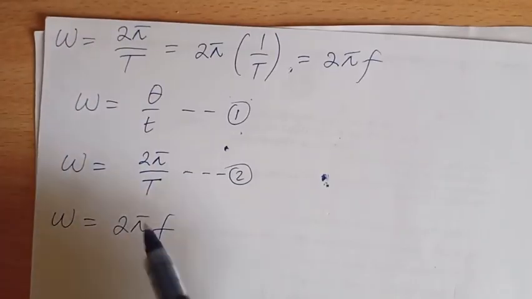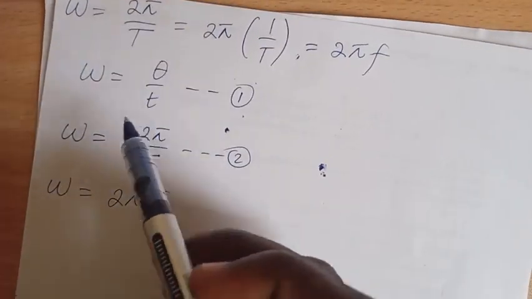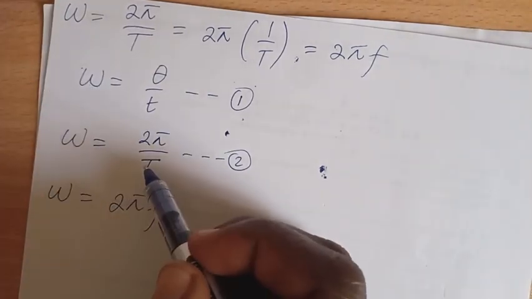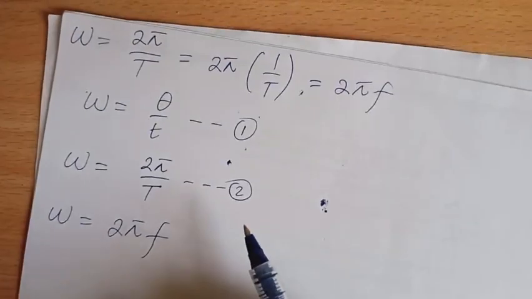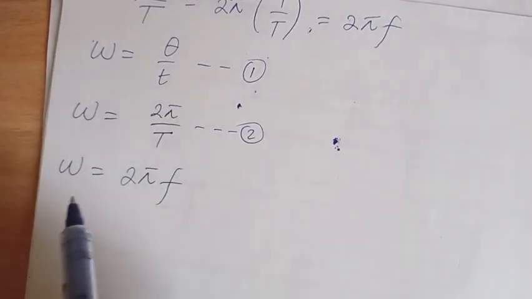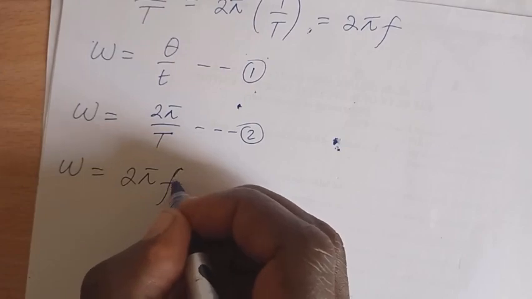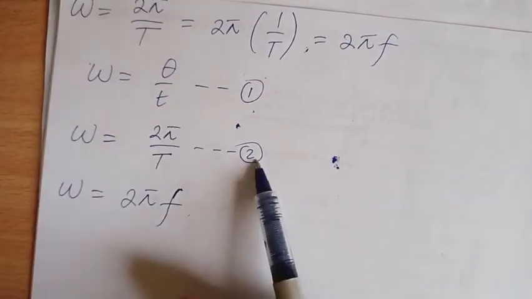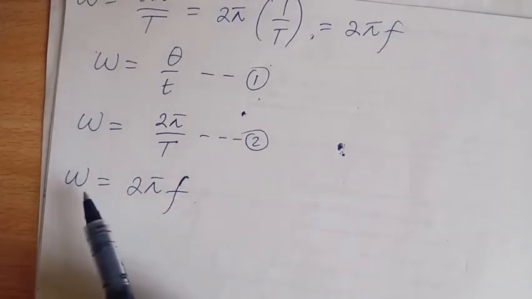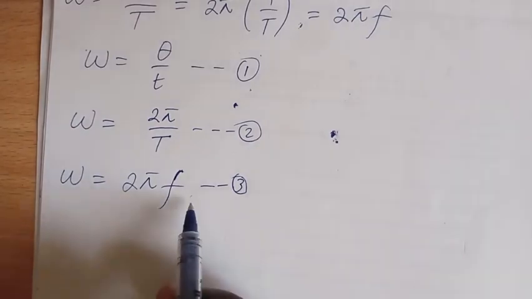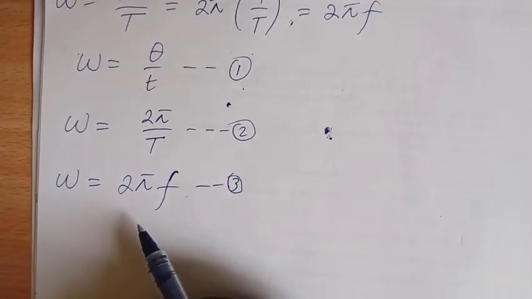If I know theta and t, I will get omega from the first. If I am given the period and asked to calculate omega, I will say omega is 2 pi over the period given. But if I am given angular frequency, how many revolutions it has made in 1 second or in 1 minute, then I will use equation 3 to get my omega.